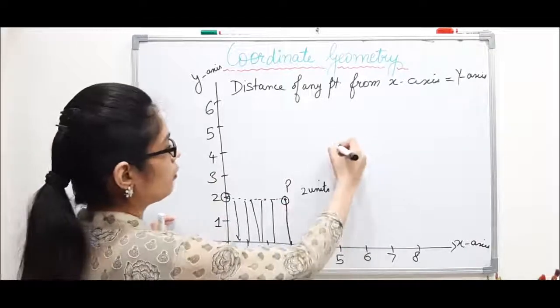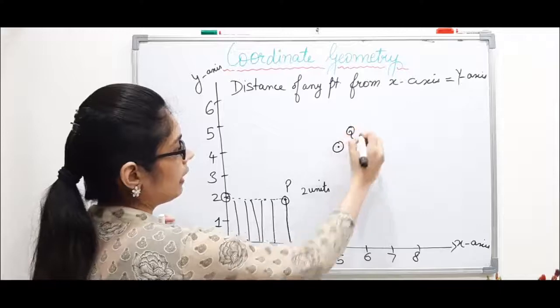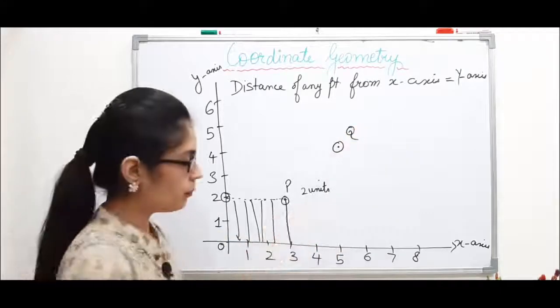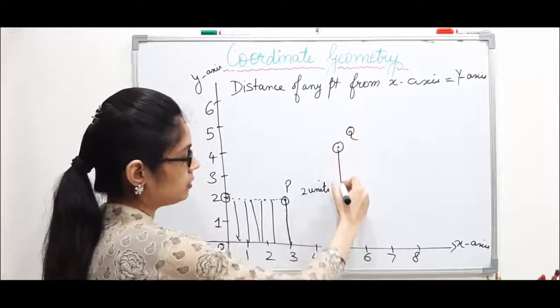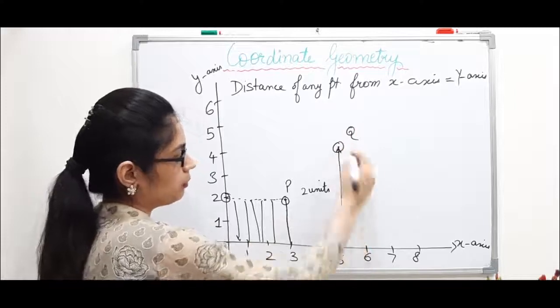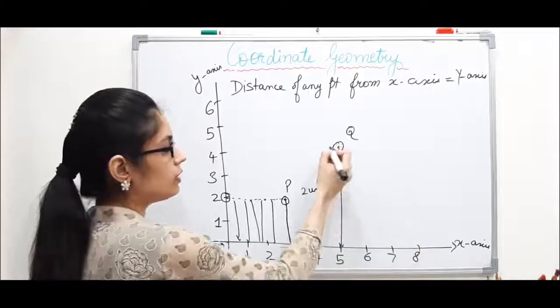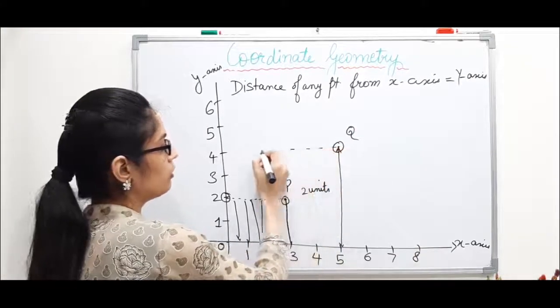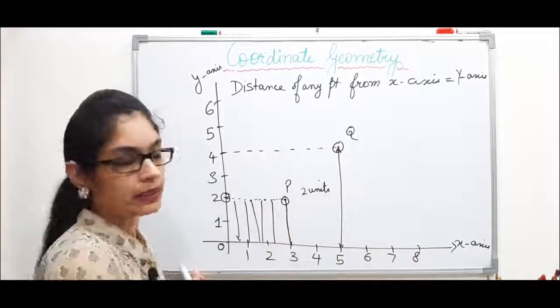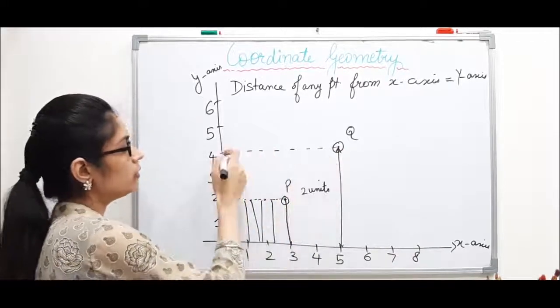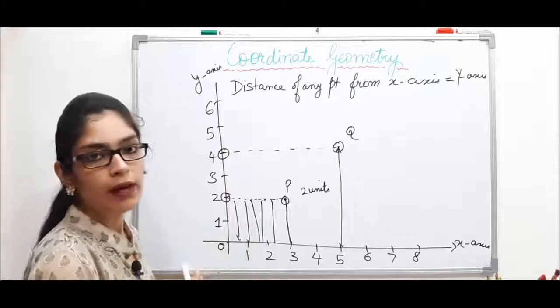We can take one more example. Let's take any point Q here and let's find its distance from x-axis. From x-axis means this distance you have to find, because this is your x-axis. So same way you have to draw one horizontal line parallel to x-axis, and this line you have to draw till y-axis.